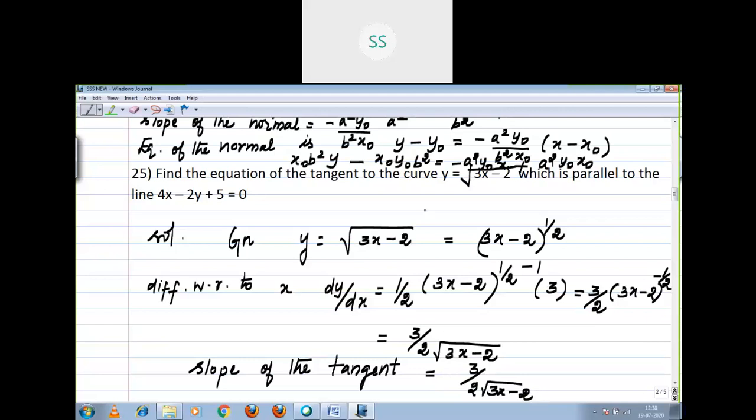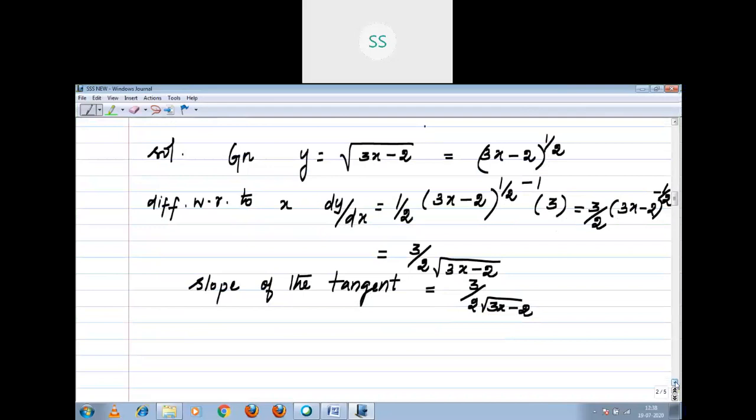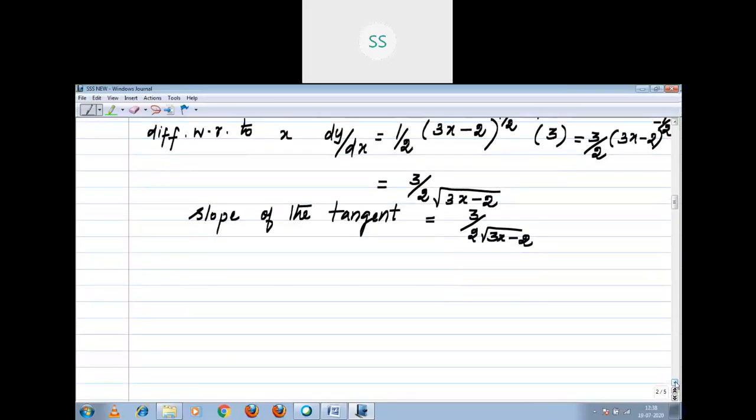Now, the given equation, what is it? The equation of that line is 4x minus 2y plus 5 equal to 0. This one you are going to modify in terms of y is equal to mx plus c.